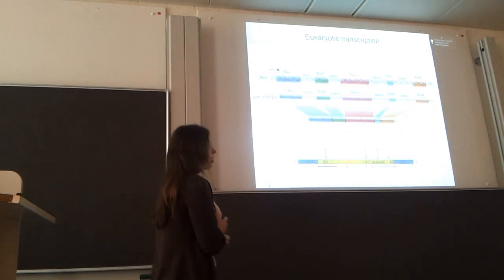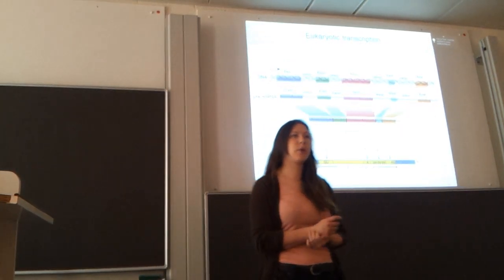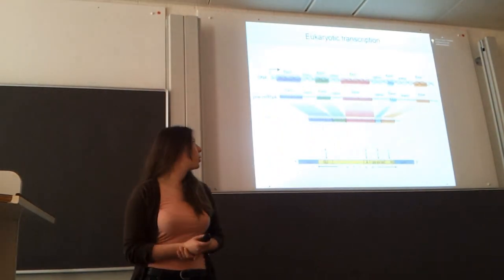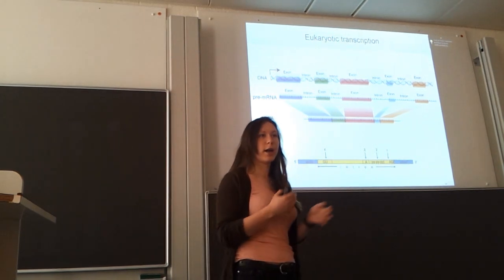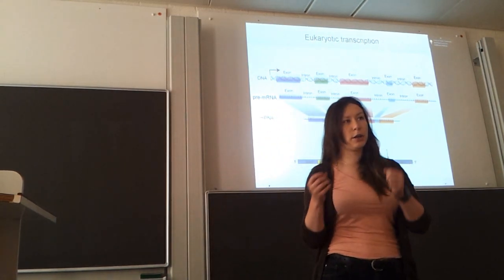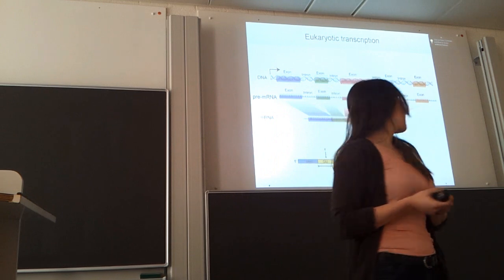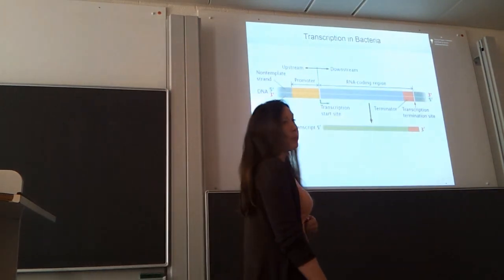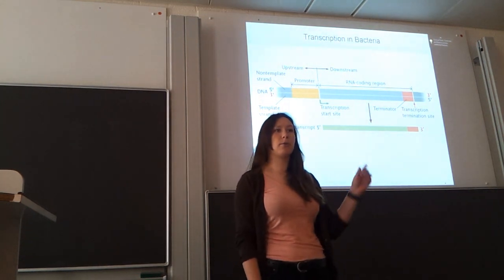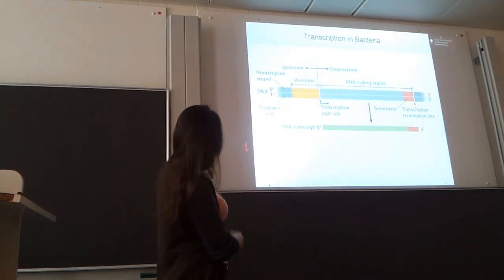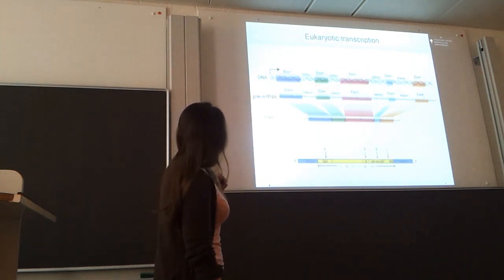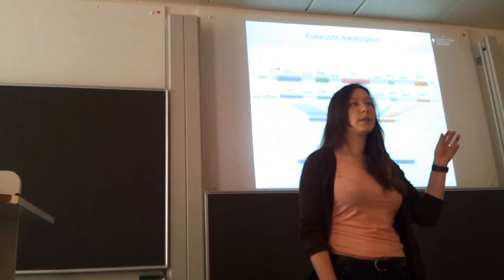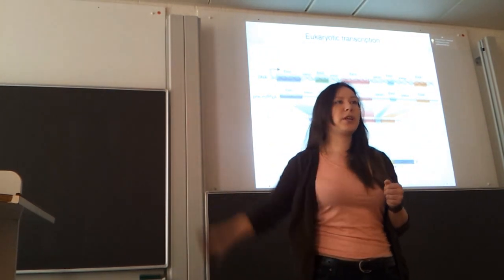However, in eukaryotes, transcription is much, much more complicated. So what do we have? We have two DNA strands, and we have introns and exons, where exons are our coding region and introns are our non-coding region. And transcription regulation is much more complicated in comparison to bacteria, because in bacteria you typically have a really nearby cis-regulatory region, and in eukaryotes the regulatory region can be located nearby, but it can also be located thousands of base pairs away.